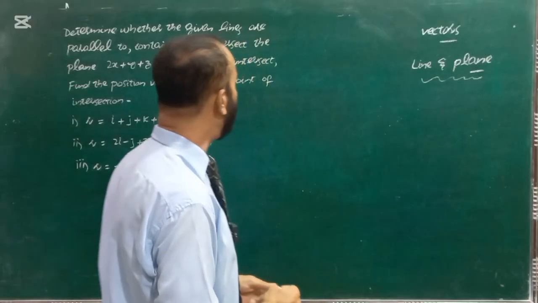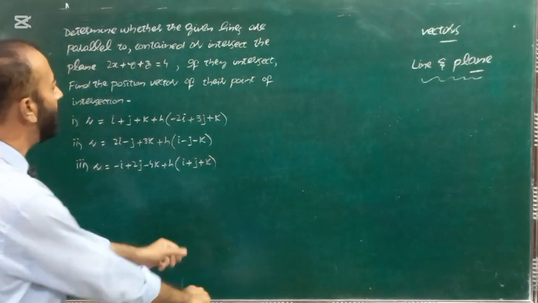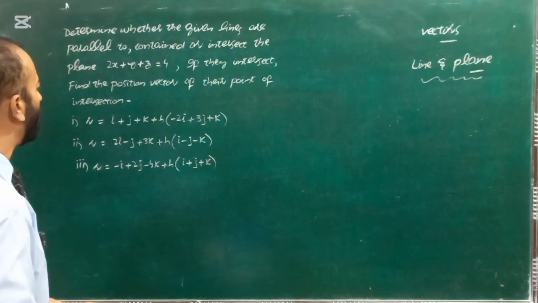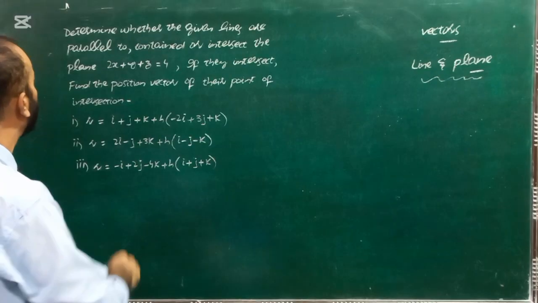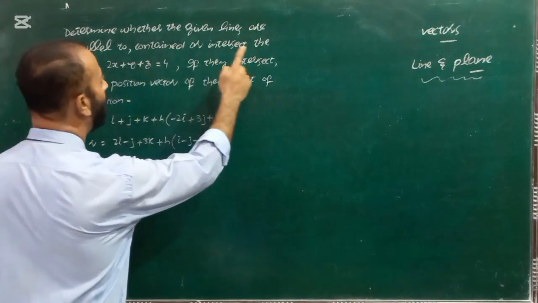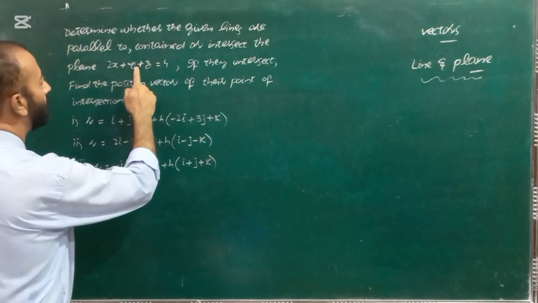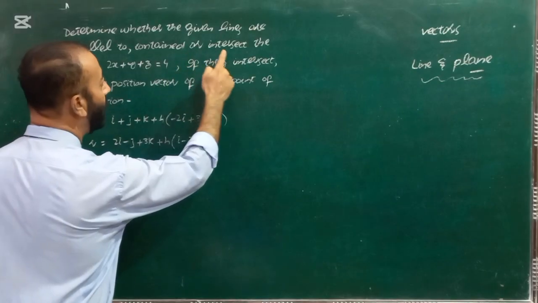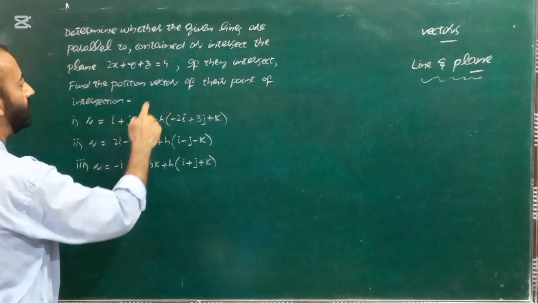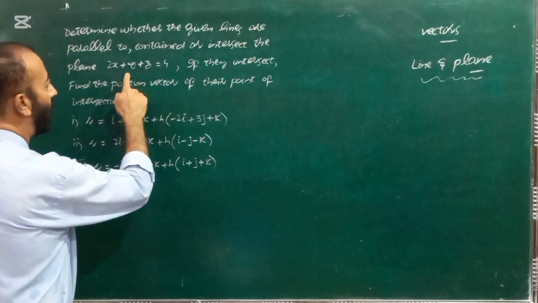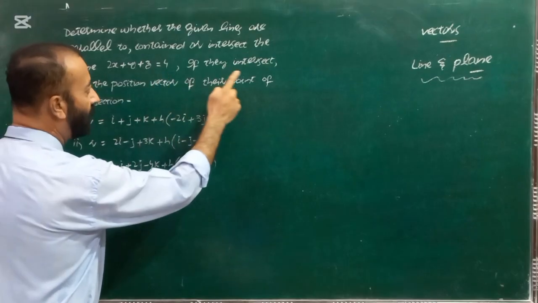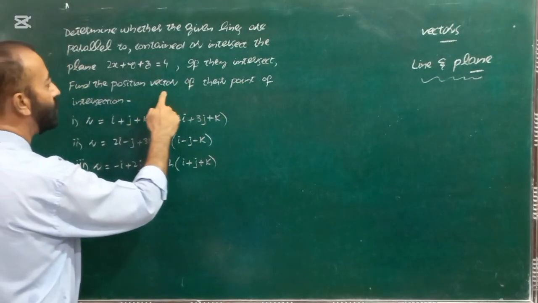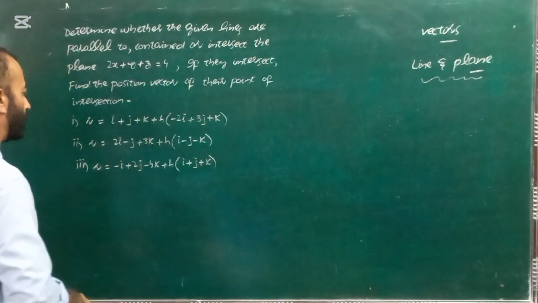This is a very important question, and here is a question that will make your concepts more clear. Determine whether the given lines are parallel to, contain, or intersect the plane 2x plus y plus z is equal to 4. If they intersect, then find the position vector of their point of intersection.